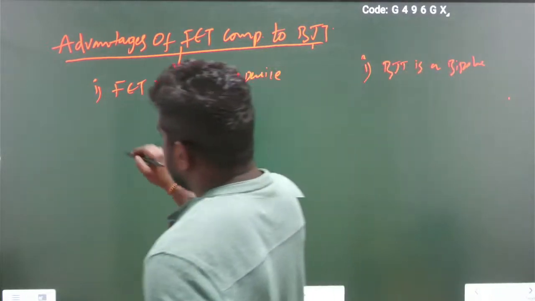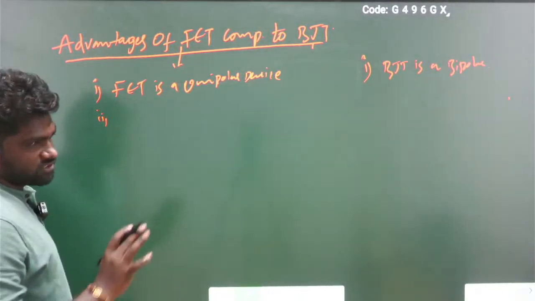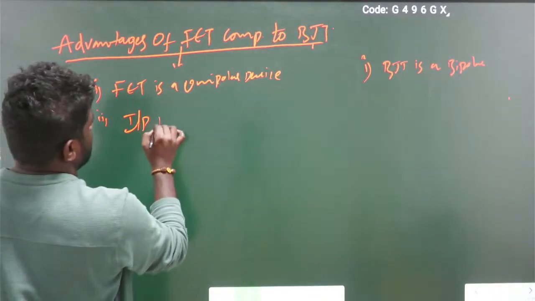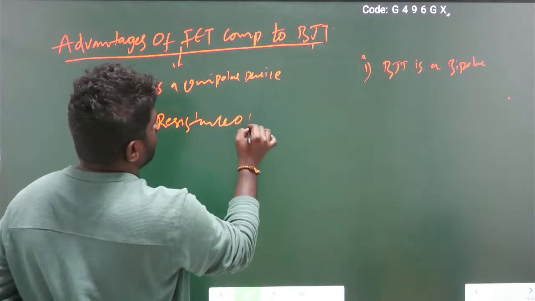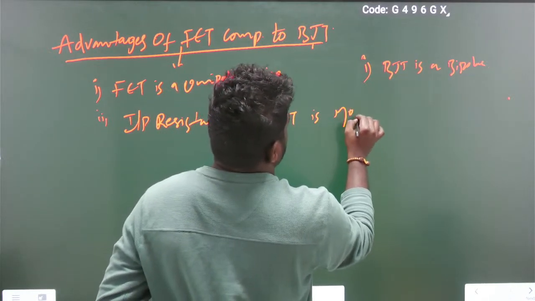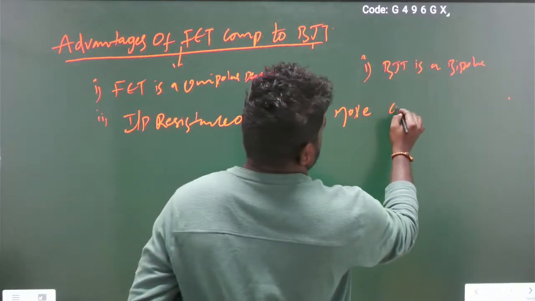So directly I am writing the advantages compared to the BJT, okay? So input resistance of FET is more. Input resistance of FET is more compared to BJT.